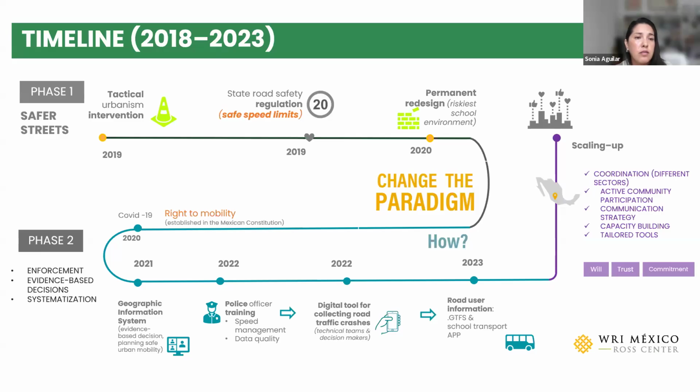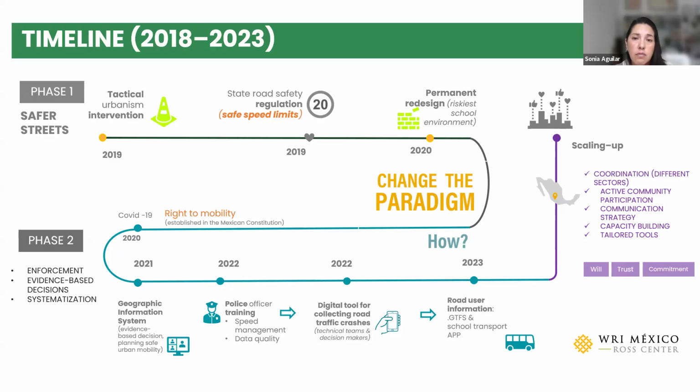And then you can see here in the timeline near 2020, we all remember COVID-19, but that was the year when in Mexico the right of mobility was approved. So the right of mobility was an enabler and an accelerator for this program in order to support all these improvements around tools and about capacity building for technical teams in the municipality.